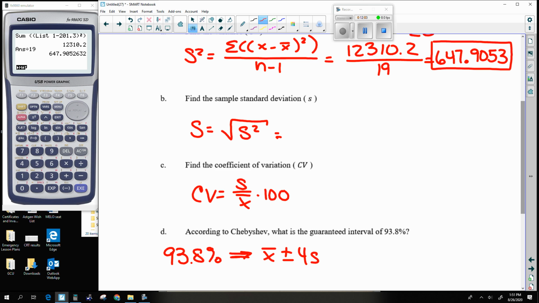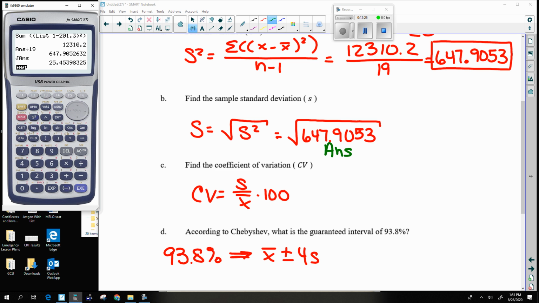The standard deviation is going to be the square root of s squared. So s squared is that 640 whatever number, and this is what I'm taking the square root of. Again, I am not actually typing that number in, I'm just going to type answer from my calculator. So this is the square root of my answer.